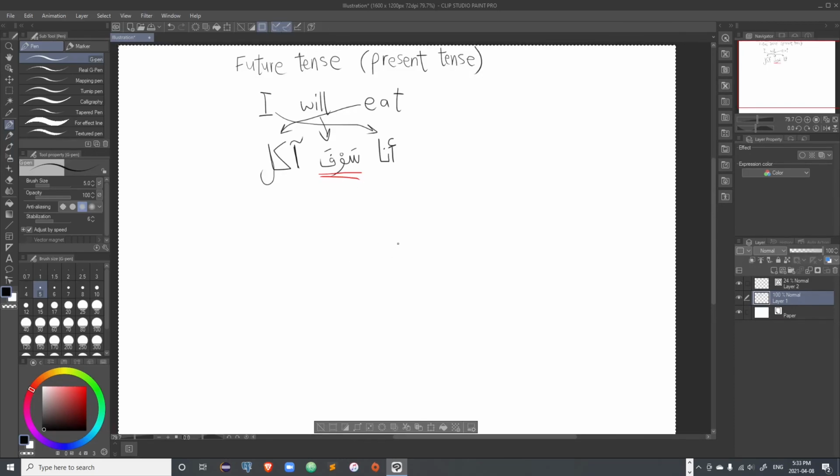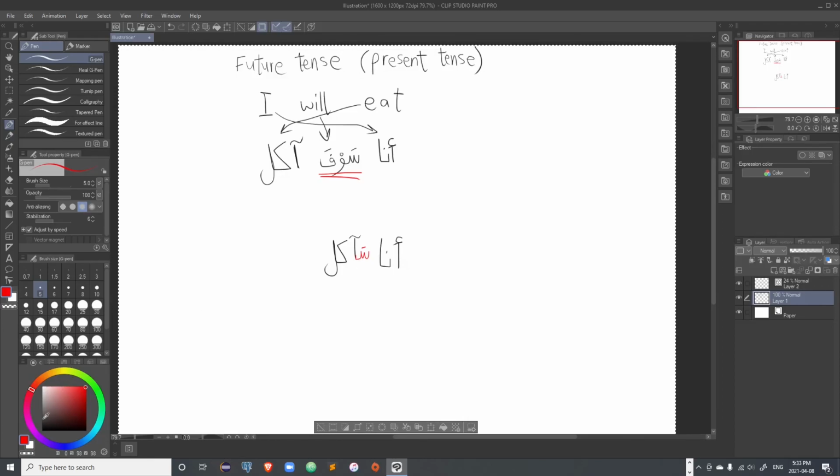Well, what if I want to say I will eat immediately? You can remove سوف, and instead of سوف I will write the word آكل, and you can instead attach a seen to the beginning. أنا سآكل.